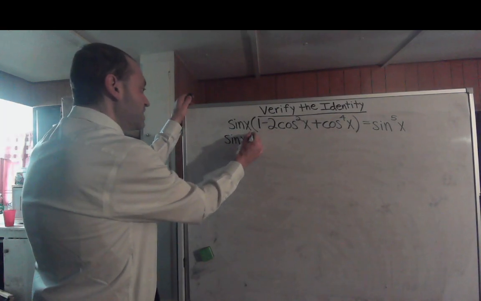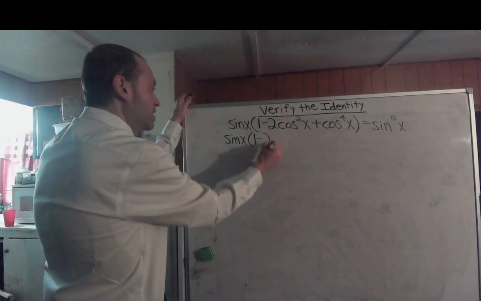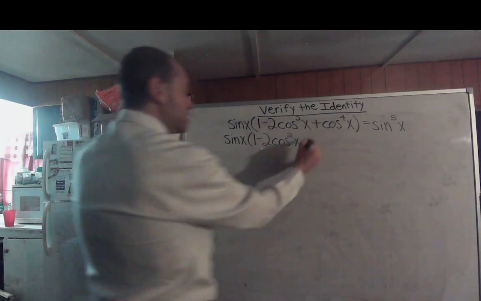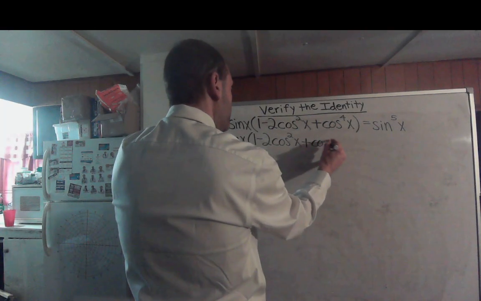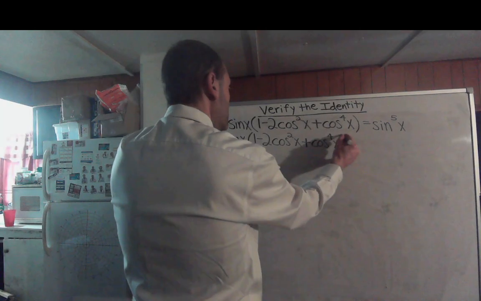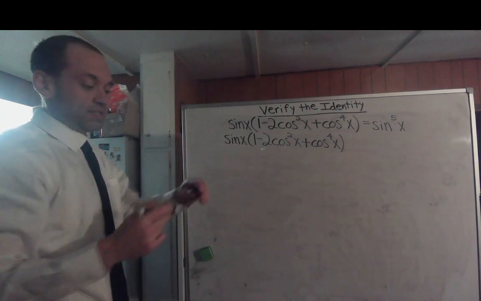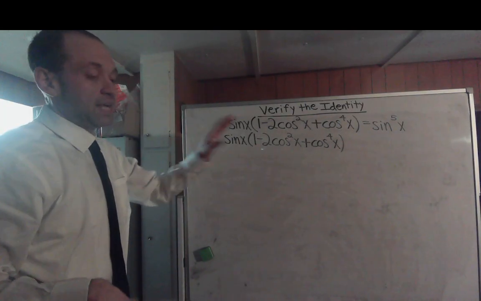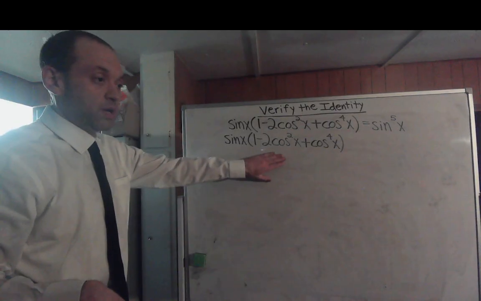So we have the sine of x times the quantity of 1 minus 2 cosine squared of x plus cosine 4 of x. Okay, well, what's true about the parentheses? That's another binomial square.